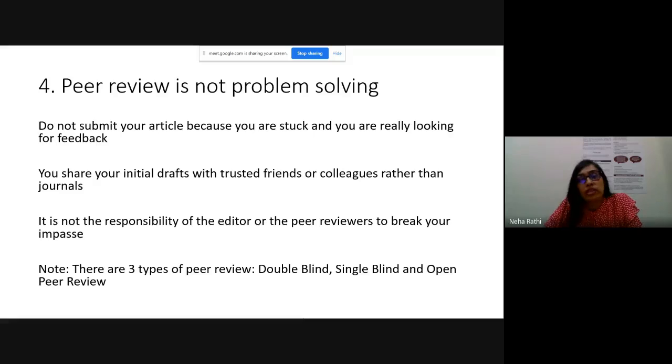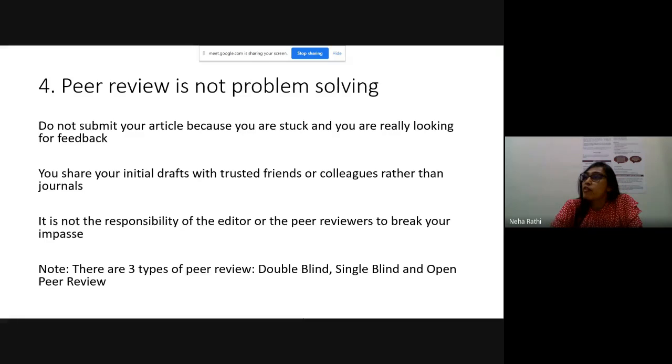If he or she is happy with the abstract, he sends it for peer review. Peer reviewing is when your paper is sent to two experts in that field. You may or may not know them, that's another thing. They are going to critically evaluate your paper. If they think there are good points, they're going to write that. If there are bad points, they'll tell you, and they'll ask you for revision. So this process is known as peer review.